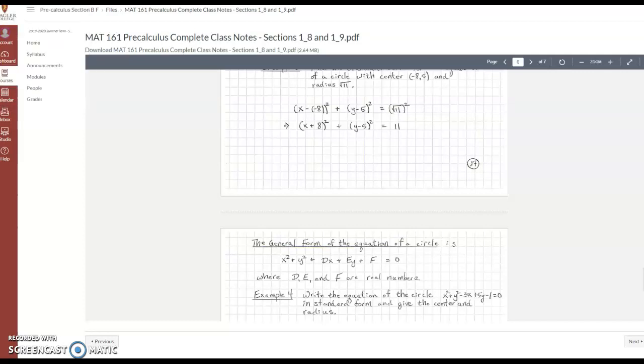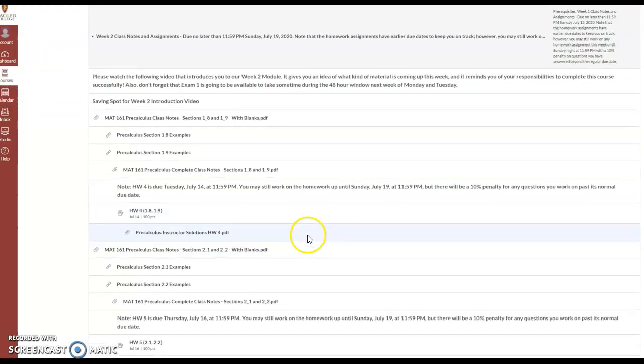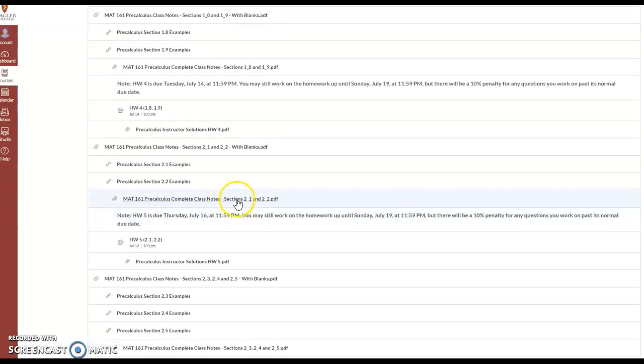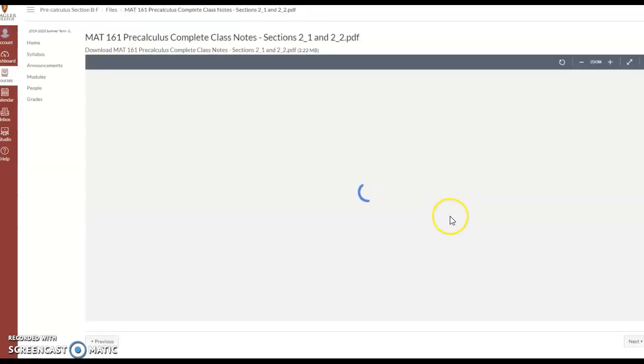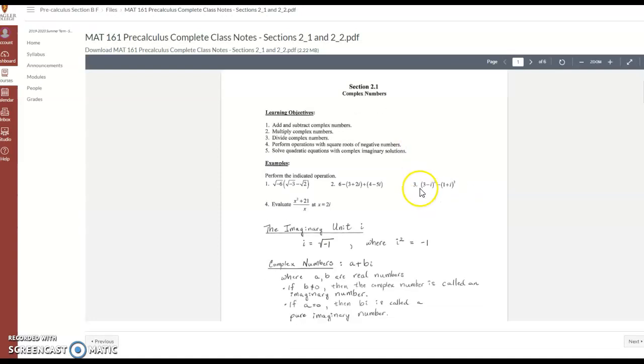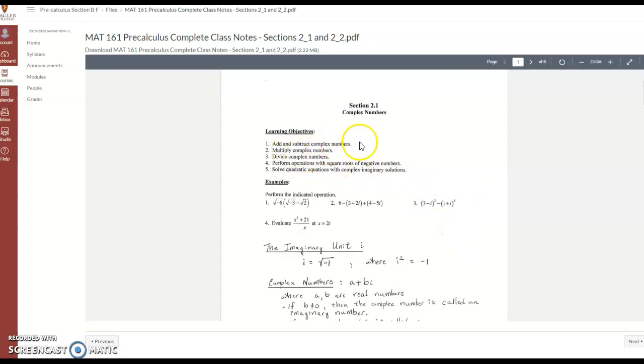So then the second set of homework, which is due Thursday, we're going to be talking about complex numbers to begin with, sometimes called imaginary numbers. Probably most of you remember or have seen that the square root of a negative number is not possible, but we define the square root of -1 as i for imaginary.